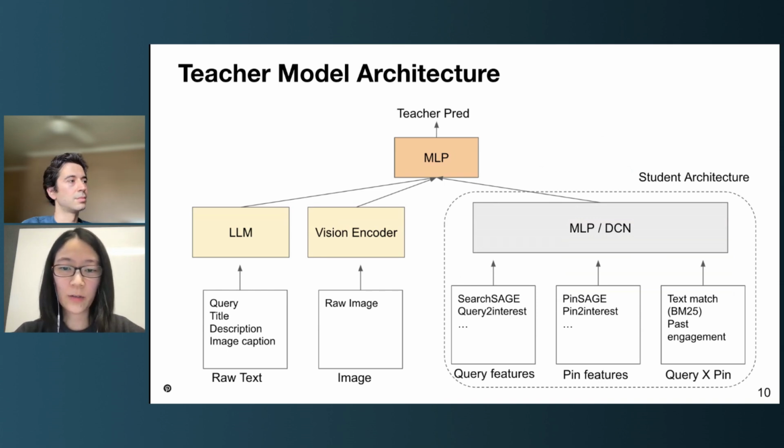Next, let's take a closer look at the teacher model architecture. We have already mentioned LLM as the main component of the teacher model, and the raw text features are used as the inputs to the LLM. Besides the LLM, we also experimented with adding visual encoder that takes in image signals, as well as incorporating the student model architecture into the teacher.